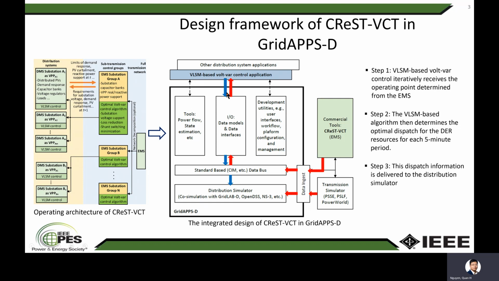Then it sends these operating points to DER and other reactive power resources through these communication blocks. And finally, this control application will estimate the operating limits of distribution system in the next 5-minute interval and send it back to the EMS.